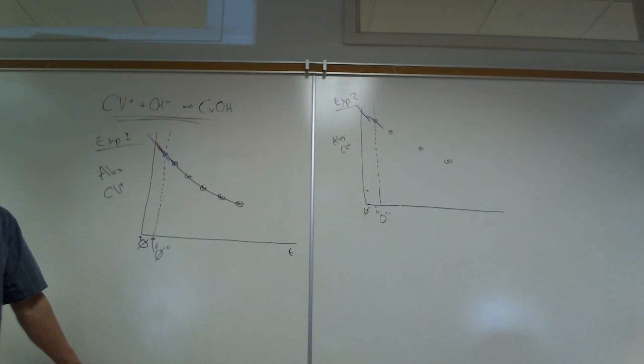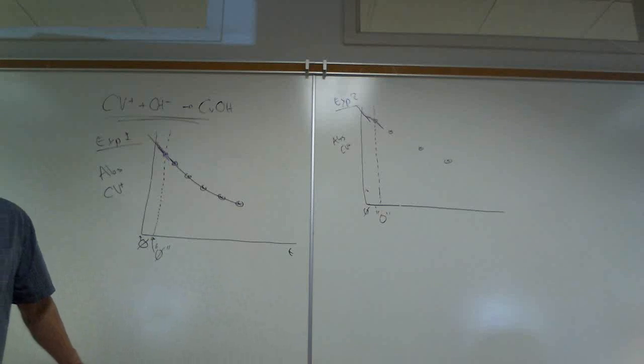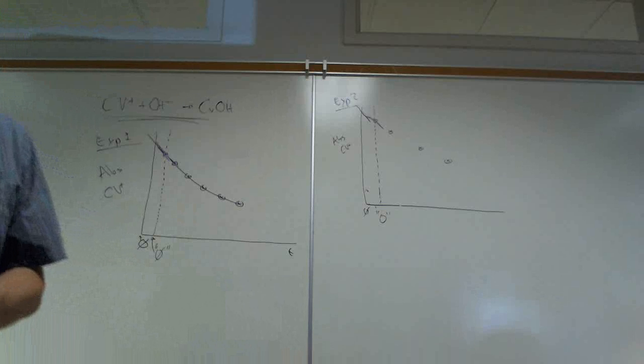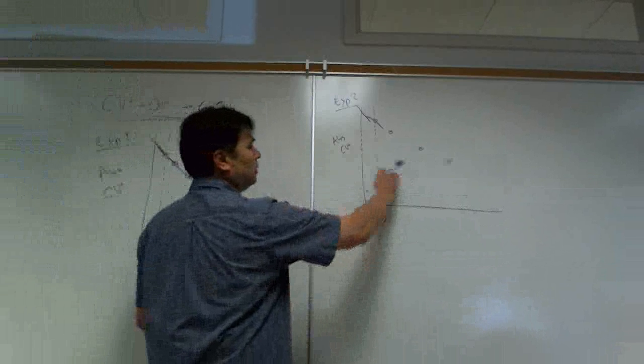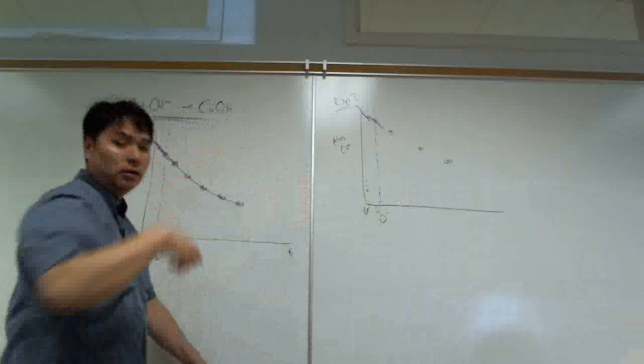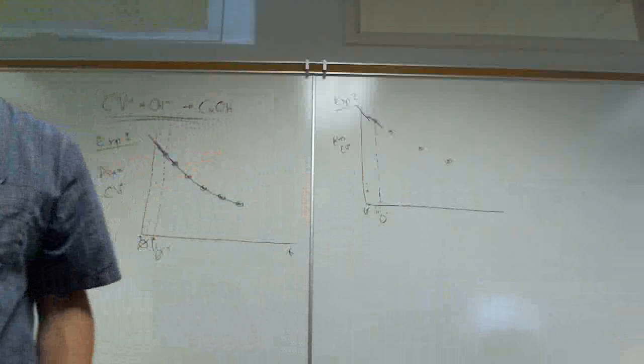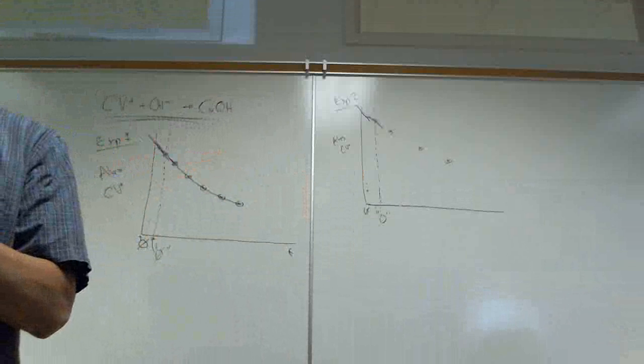Error. We really have to worry about error. And so for this lab, what we're going to do is we're going to try to use all our data for the method of initial rate, not just the beginning part of the data.